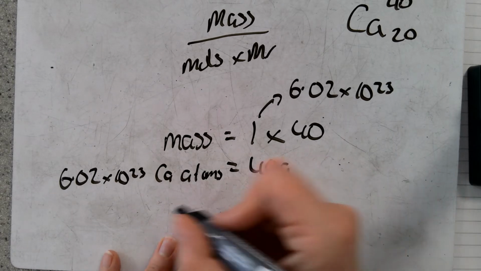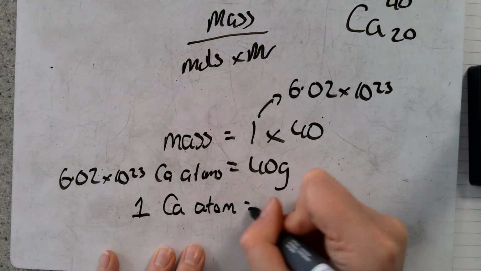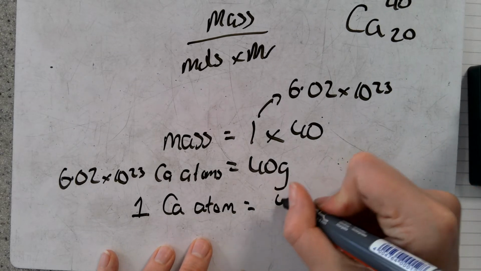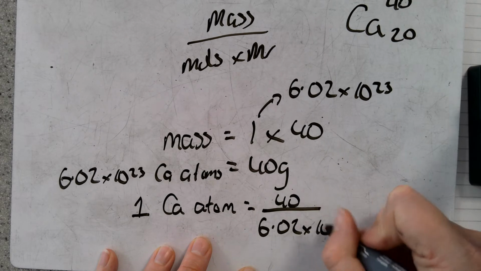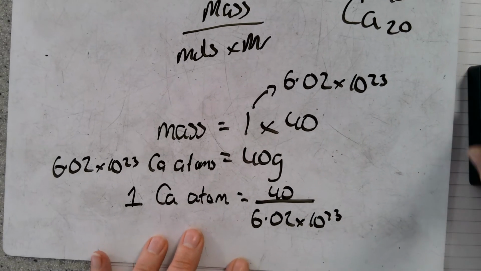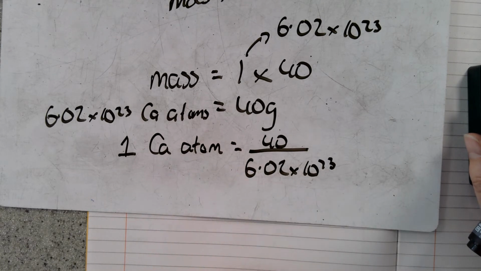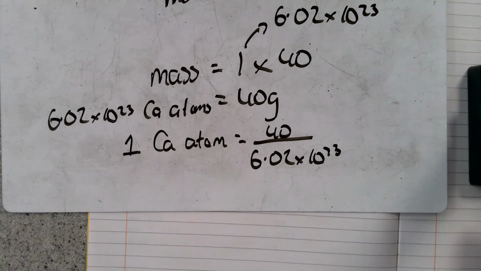What is the mass of just 1 calcium atom in grams? It's going to be 40 divided by 6.02 by 10 to the 23. So whatever the formula mass is goes on the top, and you're dividing it by Avogadro's constant. Again, to make sure you're doing this one right, a handy hint.